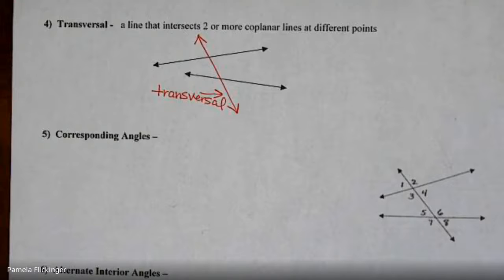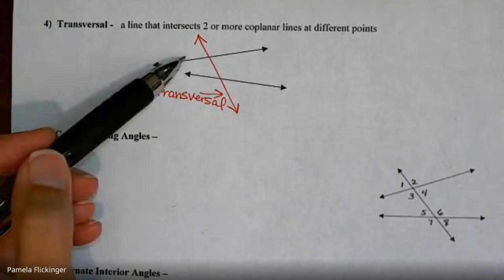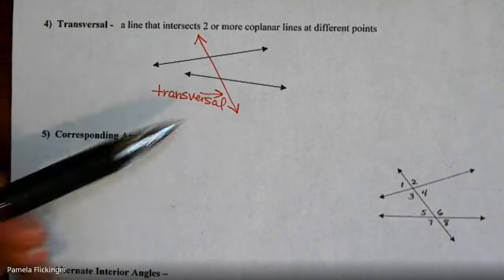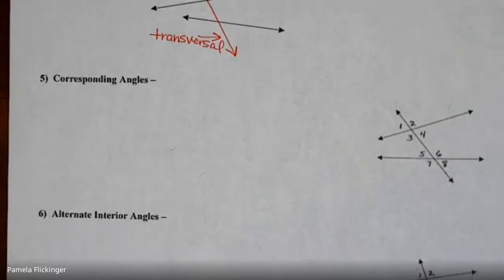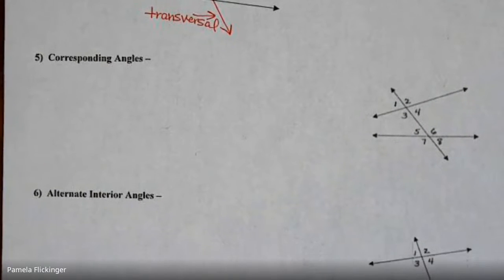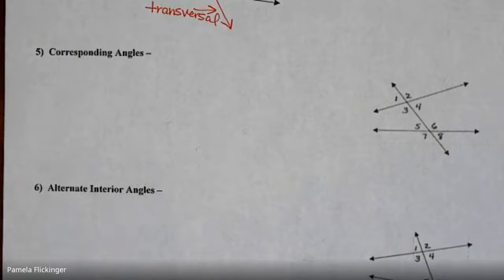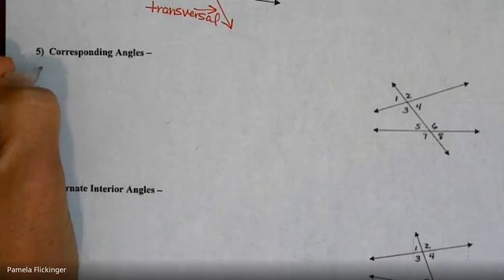It's cutting through the other 2 lines. Now, when we have that situation, when we have 2 lines cut by a transversal, there are 4 special angle relationships that are formed. The first one are called corresponding angles. I'm going to give a description of these, not so much a formal definition.